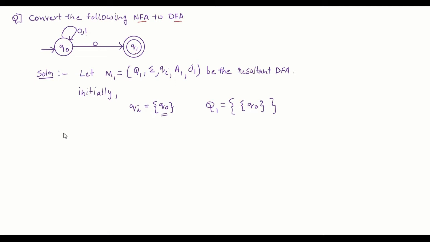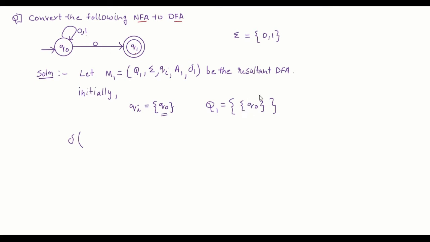Now the procedure starts. In this example we can see that sigma given to us is 0, 1. So what we have to do is find out the transition of every state in Q1 on 0 and on 1. So it's an iterative procedure.